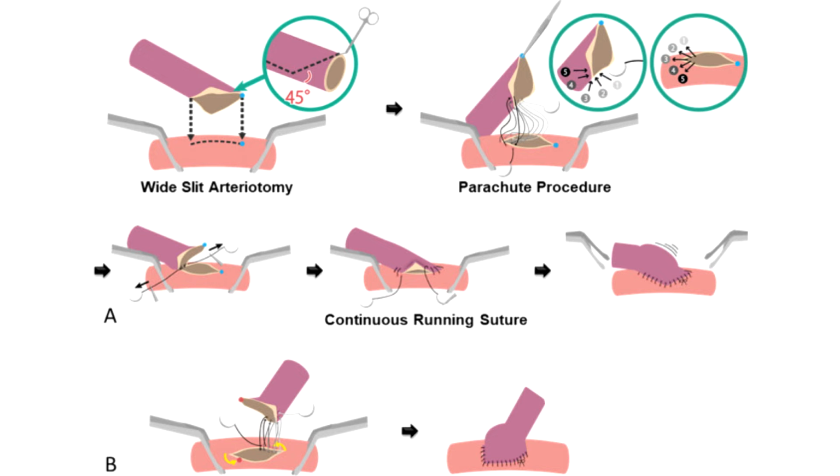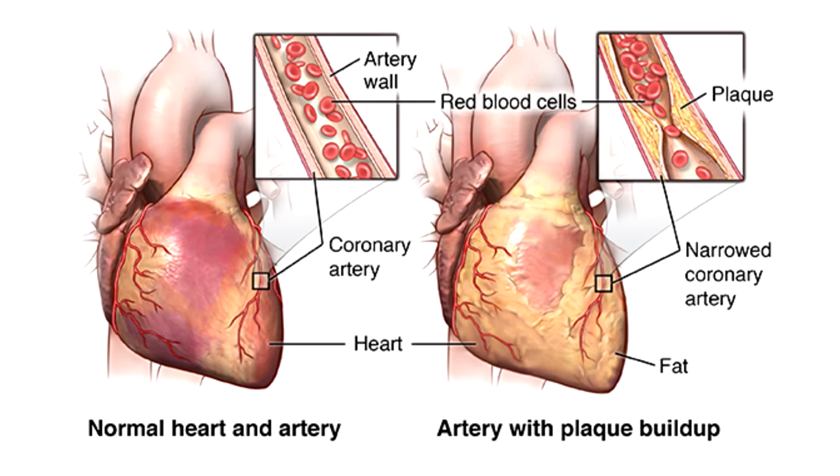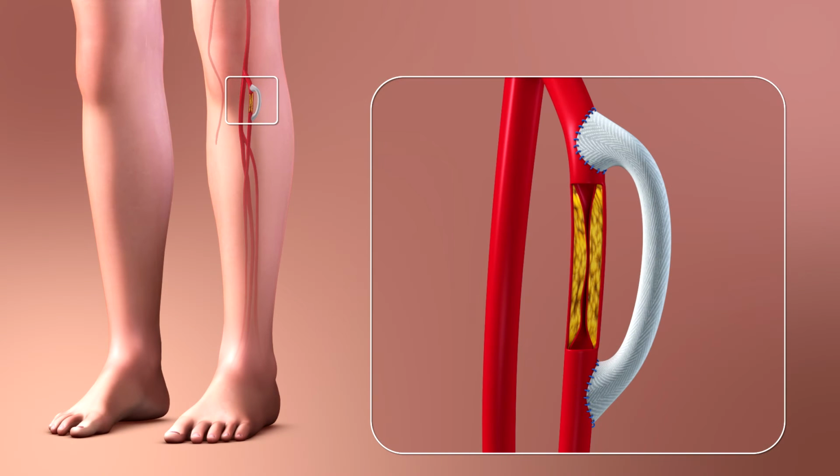Common bypass sites include the heart, where coronary artery bypass surgery is performed to treat coronary artery disease, and the lower extremity, where bypass surgery is used to treat peripheral vascular disease.